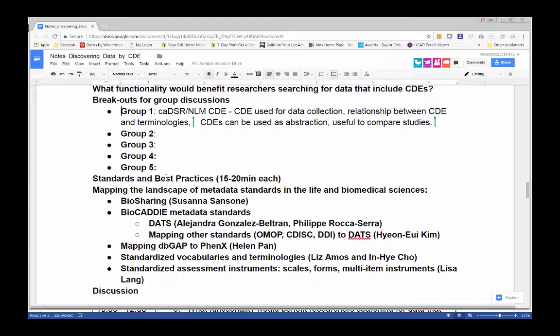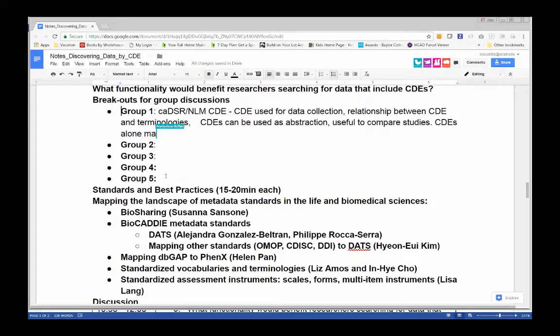If the CDE is for a specific type, then a search for cancer might not retrieve it. And this is more about implementation and how CDEs can be used. It's not that we have a conclusive set of use cases, but we think that exploring CDEs for search could be useful in certain cases. I hope I summarized more or less.